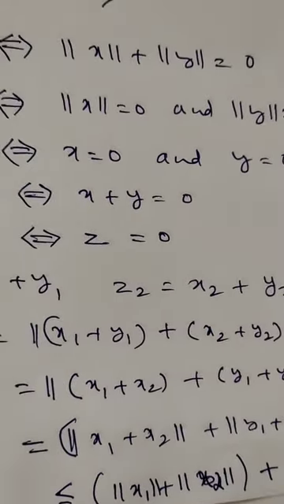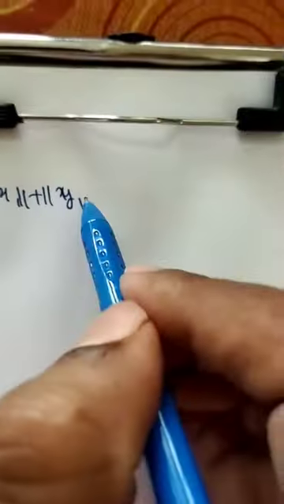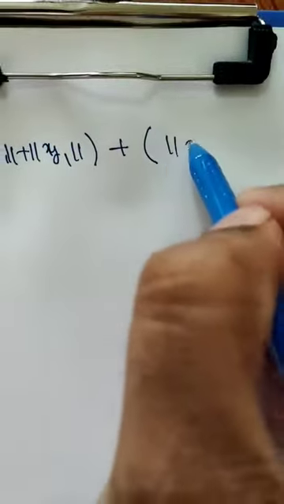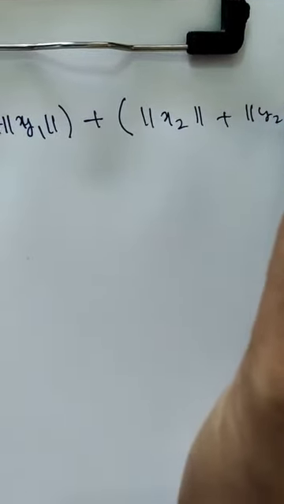Okay. So again you group these terms. This is equal to the norm of x1 plus the norm of y1, plus the norm of x2 plus the norm of y2.